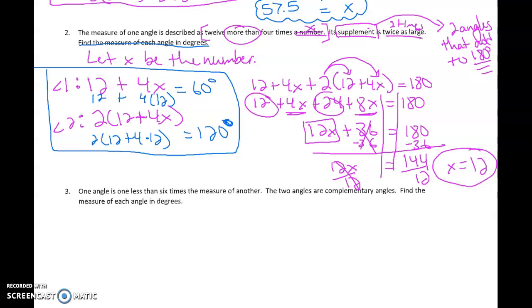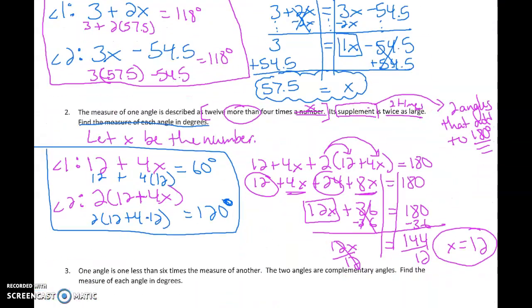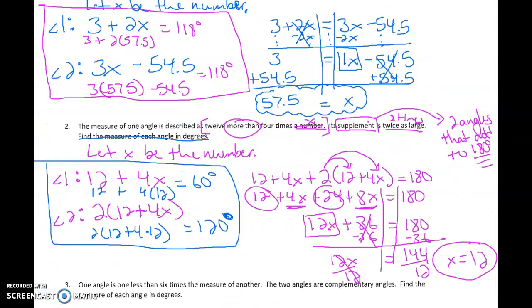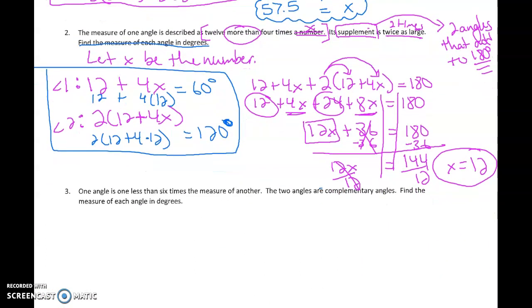One last example. So far in the last couple of videos, we've talked about how if it's a triangle, all three angles have to add to 180 degrees. Sometimes they'll talk about them being equal to each other, so we set them equal to each other. Sometimes they'll say it's a supplement, which means two angles that add to 180, and sometimes they'll say the angles are complementary. What is complementary?